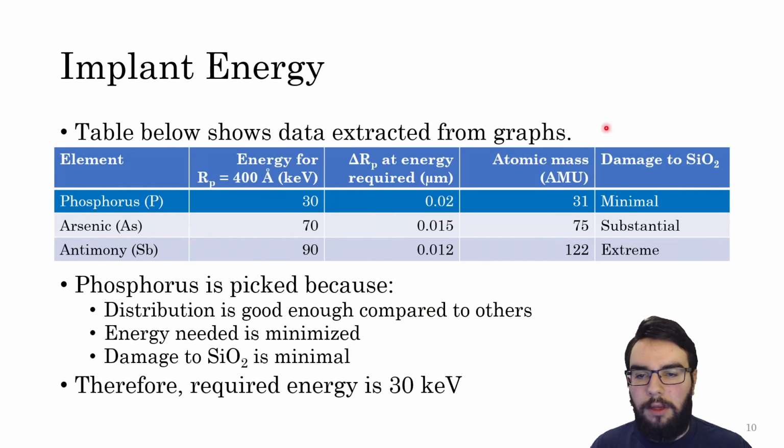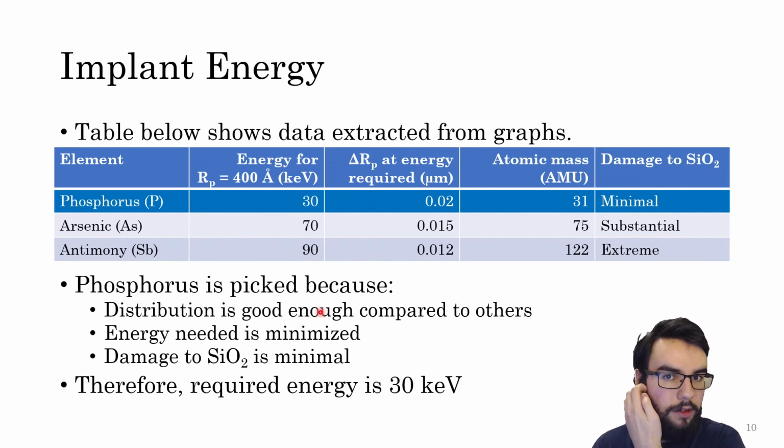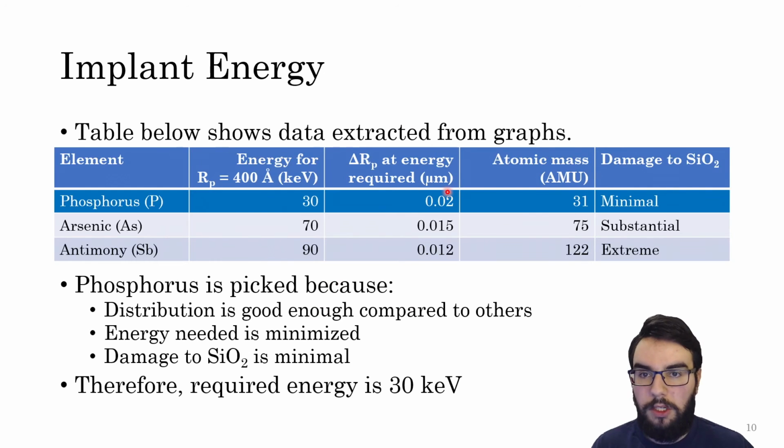So we can tabulate everything and find that phosphorus is the one that we actually want as a species for 3 reasons. First of all, the distribution, so the straggle, is good enough compared to the other species.